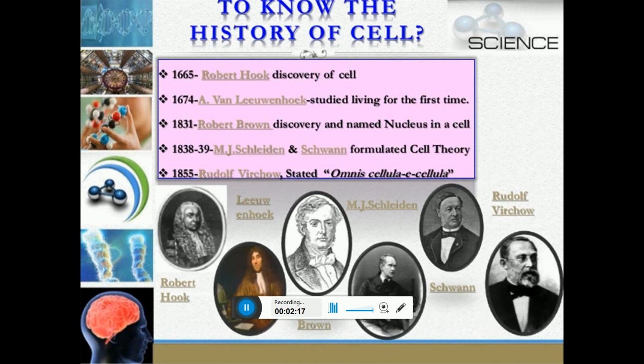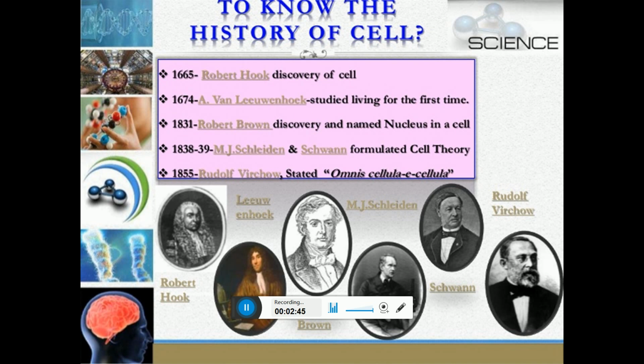Let's first talk about the very first discovery of the cell. As we have already covered in class 7, Robert Hooke was the scientist who first discovered the cell. After that, it was Robert Brown in 1831 who discovered the nucleus in the cell. Purkinje in 1839 coined the term protoplasm for the fluid substance of the cell.